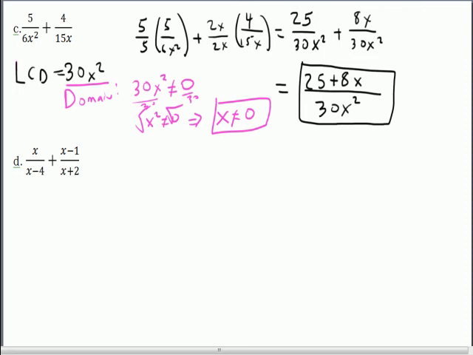Alright, now we have a term in the left fraction, x minus 4. We have a term in the right fraction, x plus 2. Our least common denominator, those terms have nothing in common. No greatest common factor between them. There's no factor at all other than 1. So the least common denominator actually will be (x minus 4) times (x plus 2).